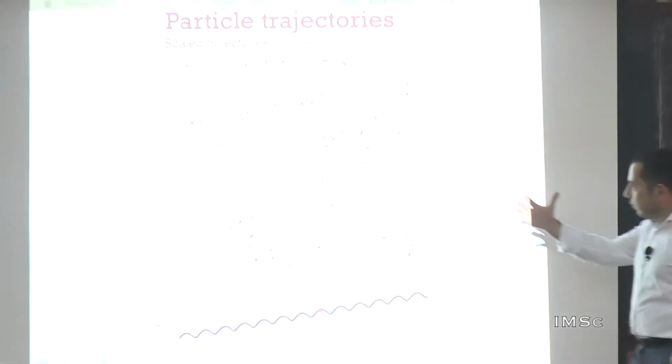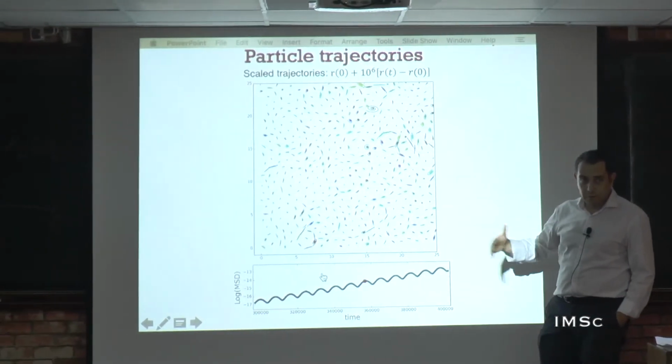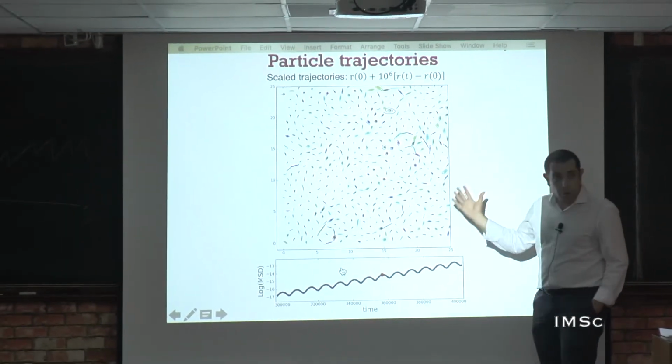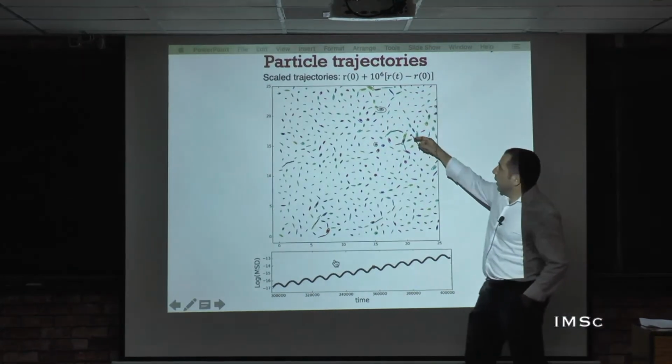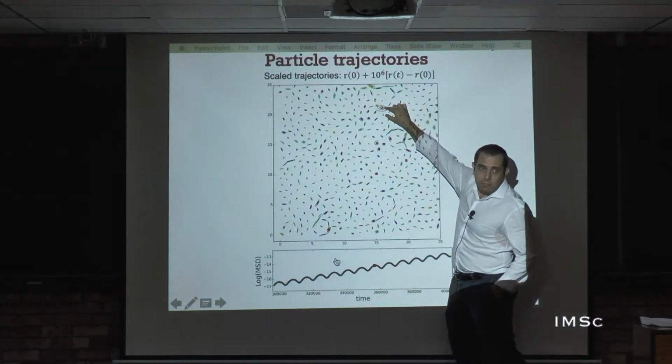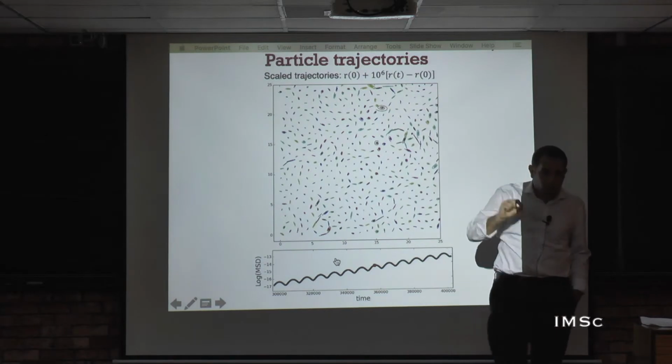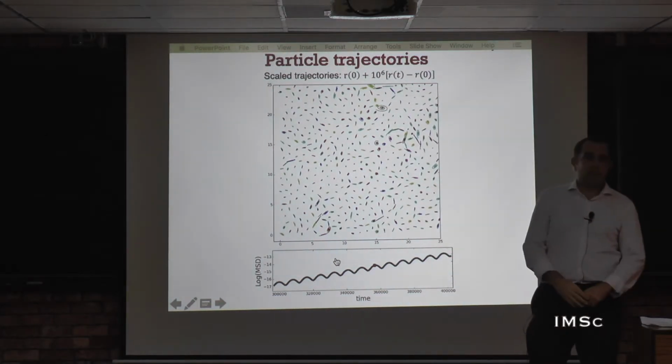If you look, for instance, at this animation after some time, let's wait for it to develop. What you see here are the trajectories of all the particles, scaled. All particles are moving, but there are particles that have large displacement and particles that have none. So it is true that it's collective, but in a sense it could be localized.